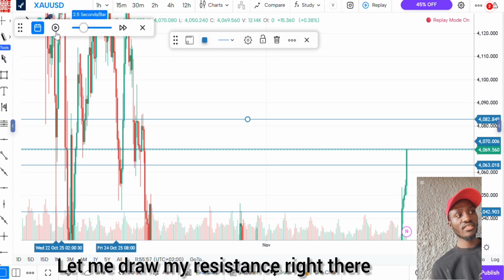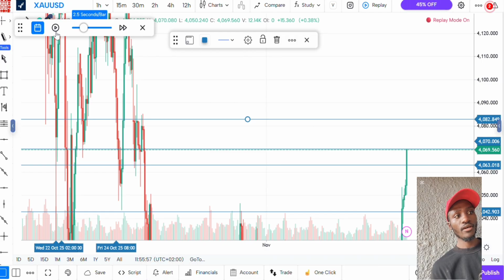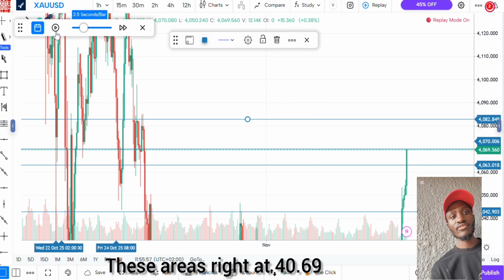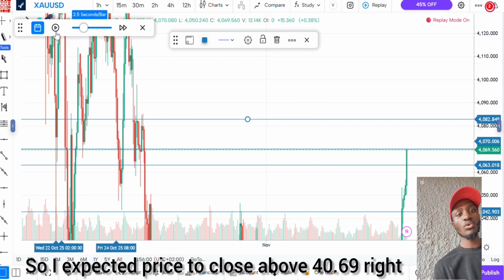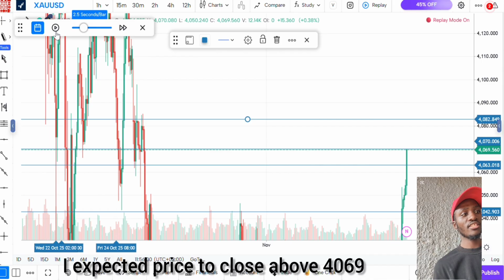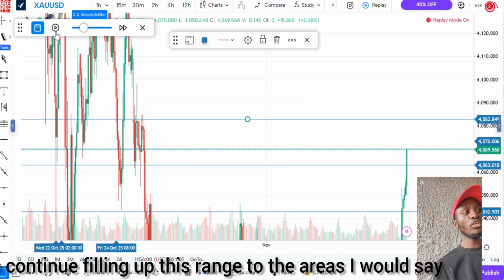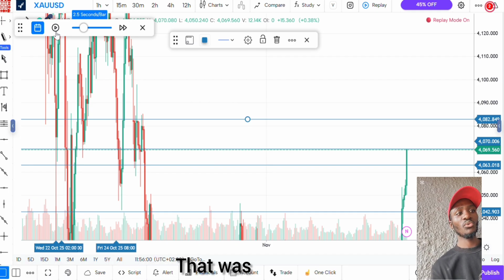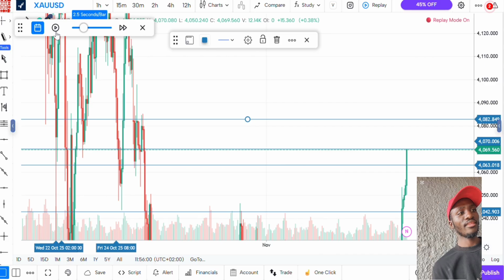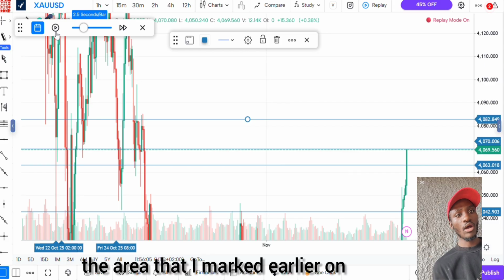Let me draw my resistance right there at these areas, at 40.69. I expected price to close above 40.69 to continue filling up this range to the area of 40.82 exactly. That was the area that I marked earlier on.